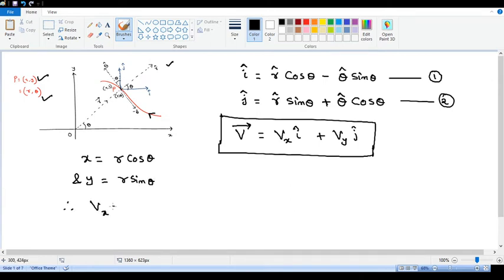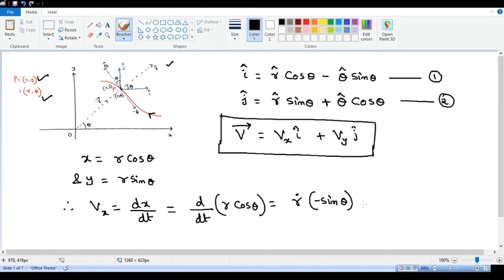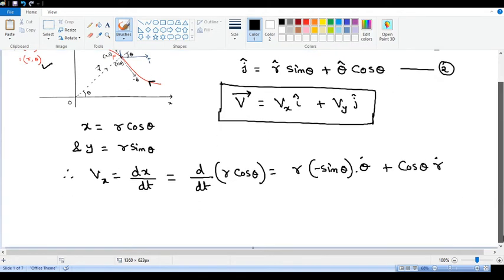Therefore vx is dx/dt, equal to d/dt of r cos theta, which is r dot cos theta plus r into minus sin theta into theta dot, where r dot is dr/dt and theta dot is d theta/dt.